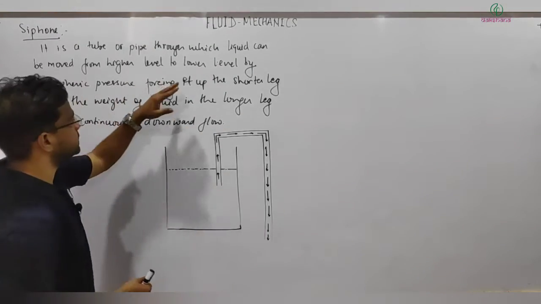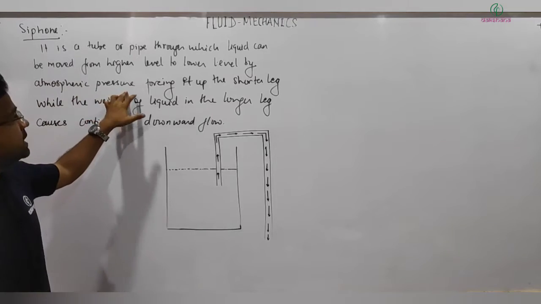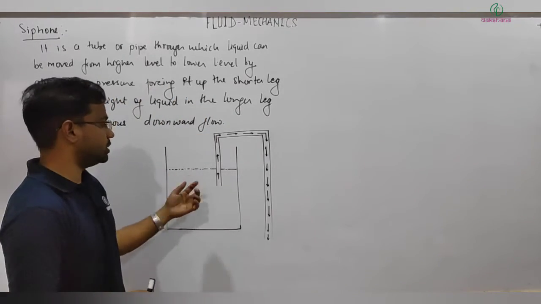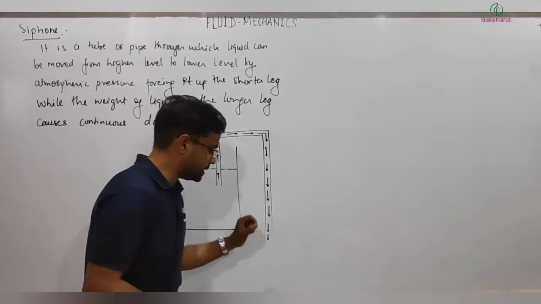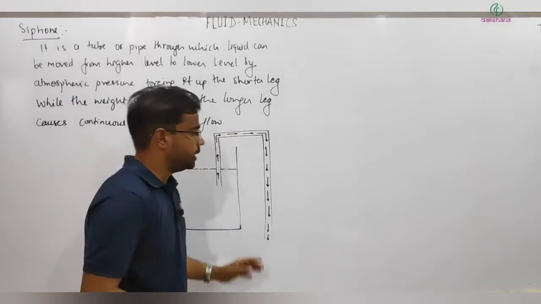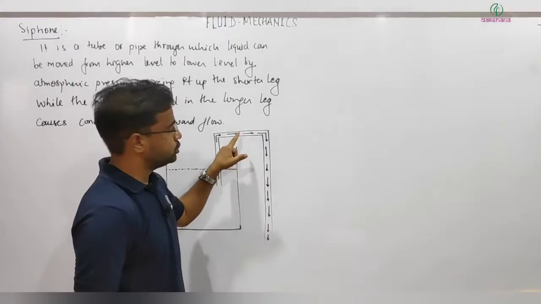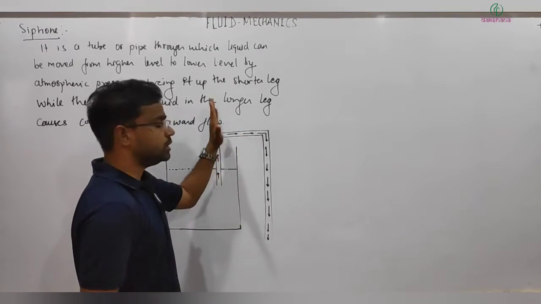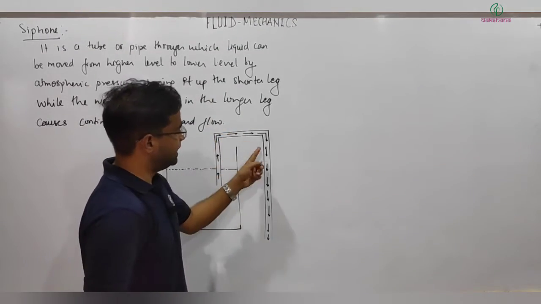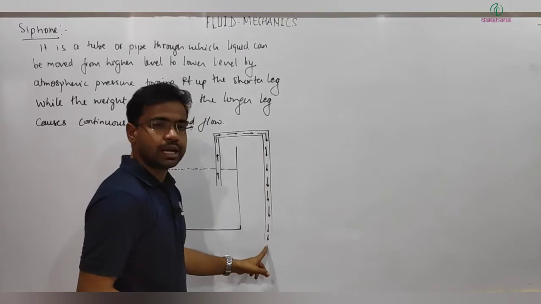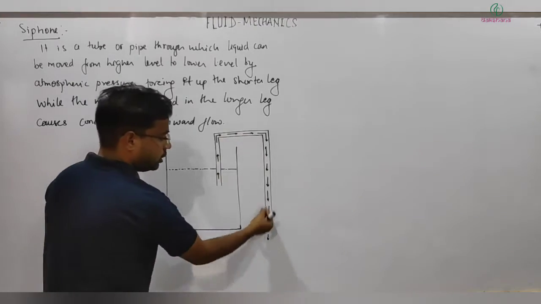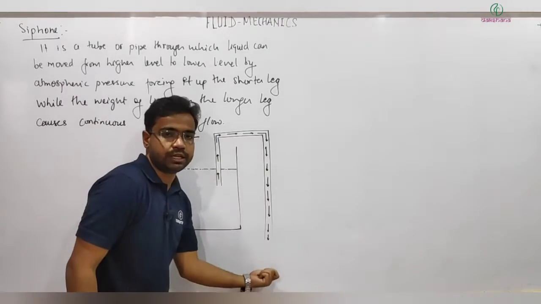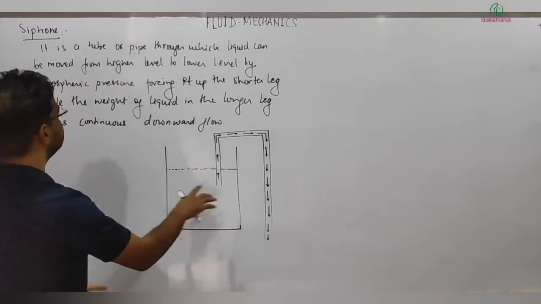The reason is that it is moved by atmospheric pressure forcing it up the shorter leg. What happens is, once you suck here and then leave it, the pressure here drops. This lower pressure pulls the liquid up in this tube, and then the weight of the liquid in the larger or bigger leg forces it continuously downward. That is exactly how it works here.